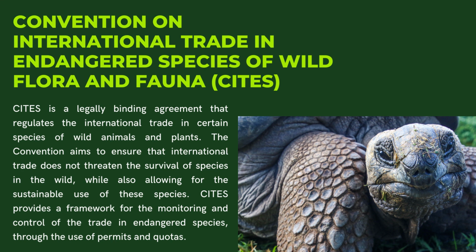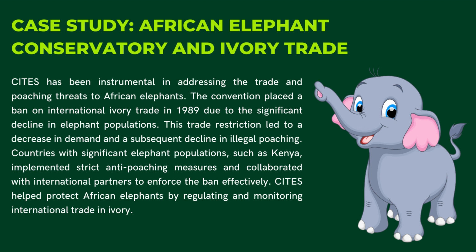and quotas. A case study that reflects greatly upon CITES is the African elephant conservation and ivory trade. CITES has been instrumental in addressing the trade and poaching threat to African elephants. The convention placed a ban on international ivory trade in 1989 due to the significant decline in elephant populations.